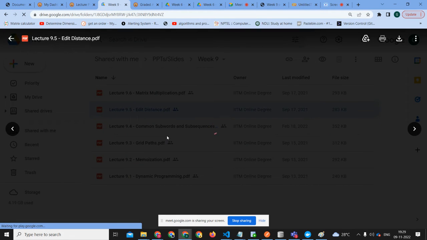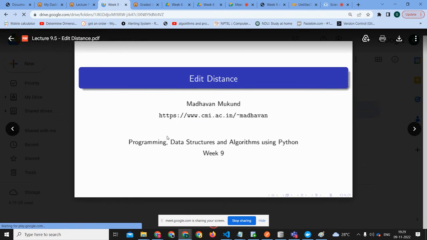We are talking about grid distance. Sorry, suddenly my laptop has become slow because of too many processes going around. Just give me a second. I'll just take the picture.